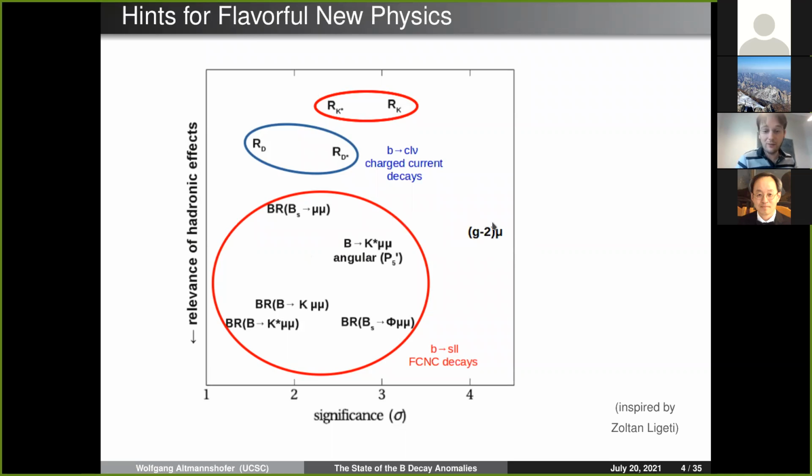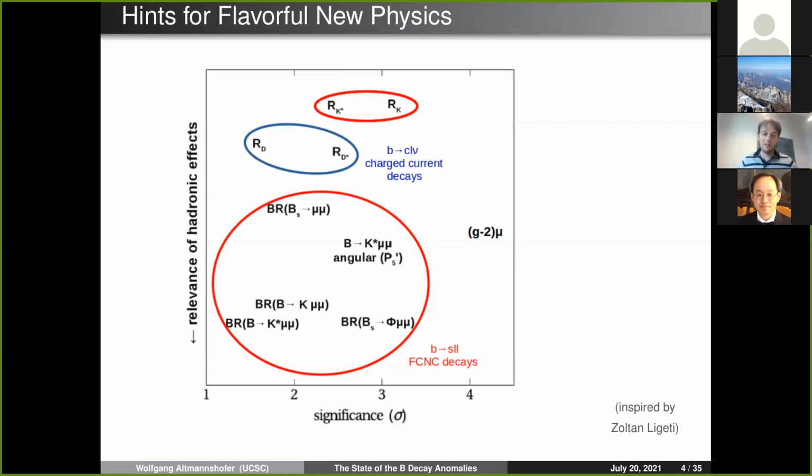In terms of significance, g-2 is higher than all those rare B decay anomalies. And in terms of theoretical cleanliness, I would put it somewhere in the middle. I don't think it is as clean as the lepton flavor universality ratios, Rk and Rkstar, but it is definitely cleaner than, for example, the branching ratio measurements of B to K mu mu, B to K star mu mu, and Bs to phi mu mu. It's probably somewhere around the P5 prime observable, or maybe slightly cleaner than P5 prime.